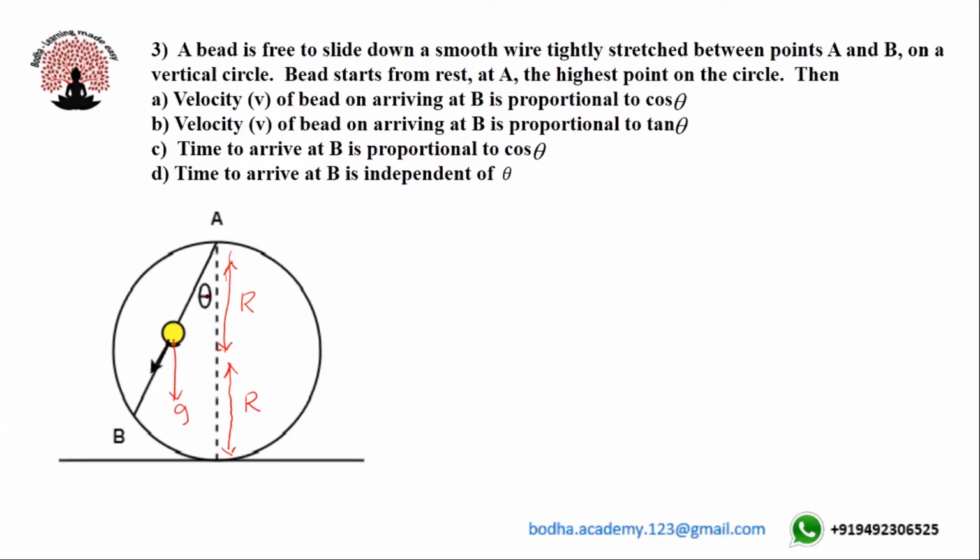Now this angle is theta, the same straight line, making angle theta with the vertical. Therefore, this angle must also equal theta. So naturally in this direction acceleration is g, therefore in this direction acceleration must be g cos theta.